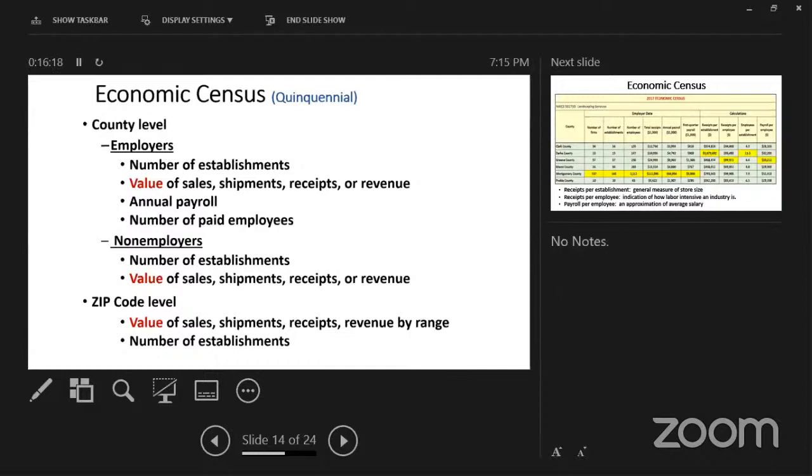What you get from the Economic Census is your employer data: the number of establishments, the revenue, payroll, and the number of employees. You also get non-employer data, the number of establishments and the revenue. You can also go down to the zip code level, which gives you revenue by range and the number of establishments.